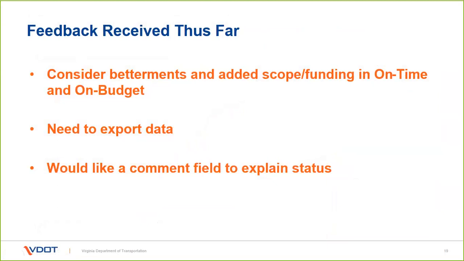The question is, when we have betterments or additional money that the locality is adding to the project, should that be considered? Right now, it is not, but we are submitting this as one of those decision points to the steering committee. So we should have an answer very shortly on this.